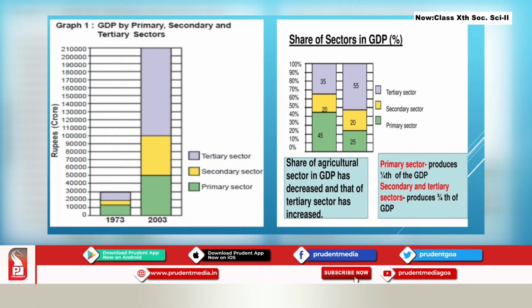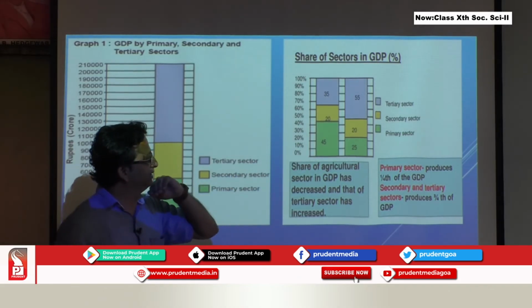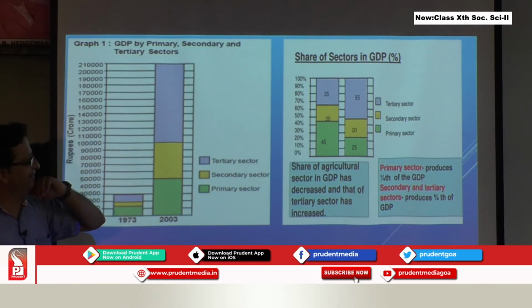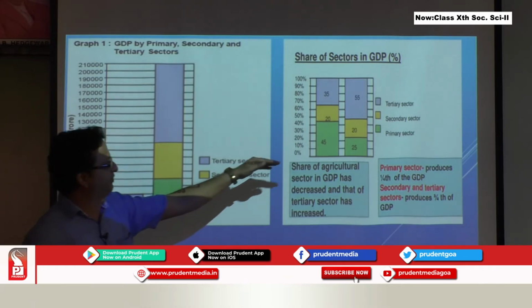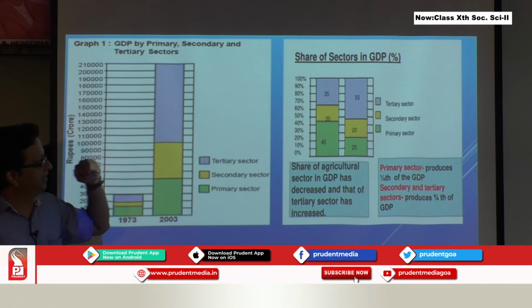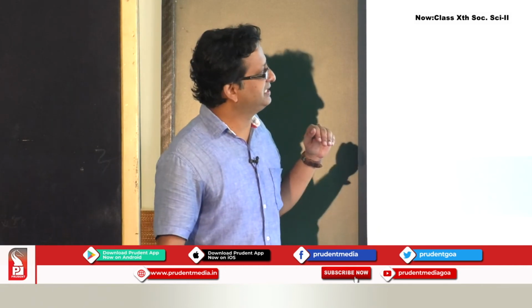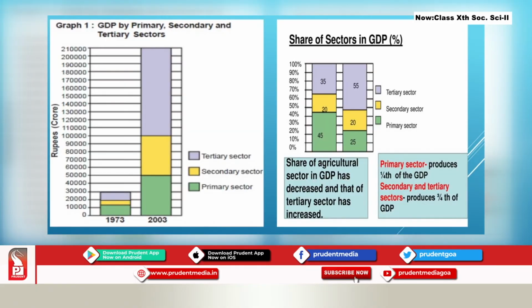It is very clear that we are referring here to the GDP of 1973, where the agriculture sector produced 45% and the tertiary sector was producing 35%. But when it was compared in 2003, it was observed that the tertiary sector became more important in terms of the value of the services it generated.